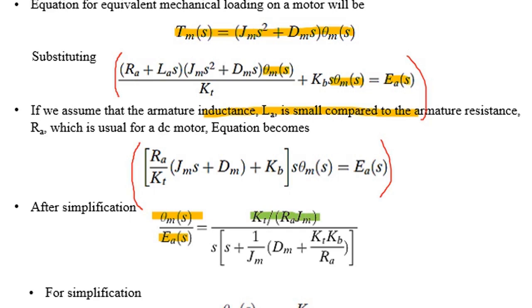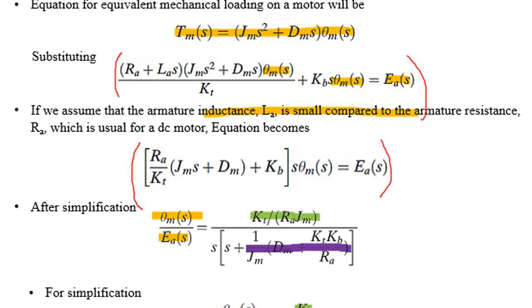For further simplification, the numerator of the transfer function is made equivalent to a constant K, while in the denominator the terms without the Laplace operator are made equal to a constant alpha. With this, our transfer function for the DC motor reduces to the form K divided by s times (s plus alpha).